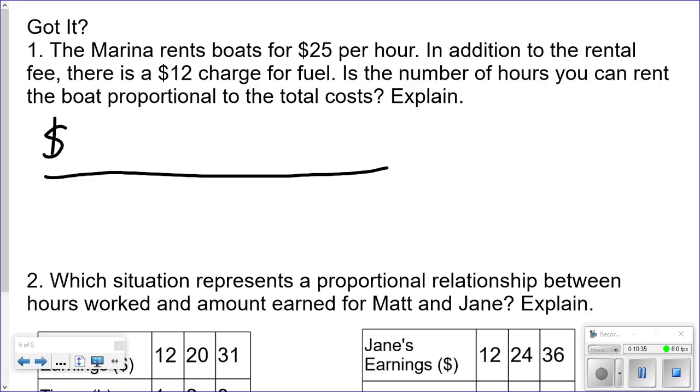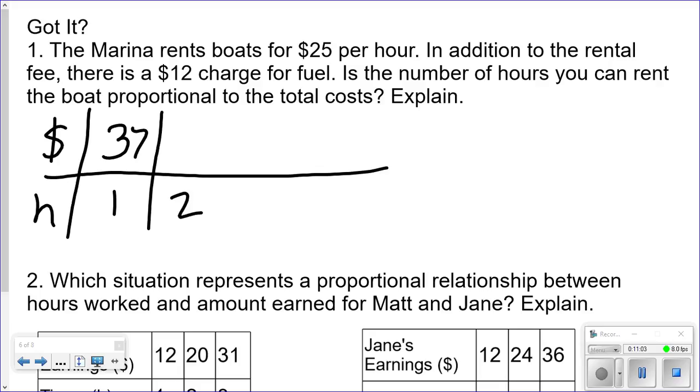All right, here's money, here's hours. So for the first hour, it's $25 plus the $12 fuel charge. So 25 plus 12 gets you $37 for the first hour. Second hour, $25 per hour, so that's 25 and 25.